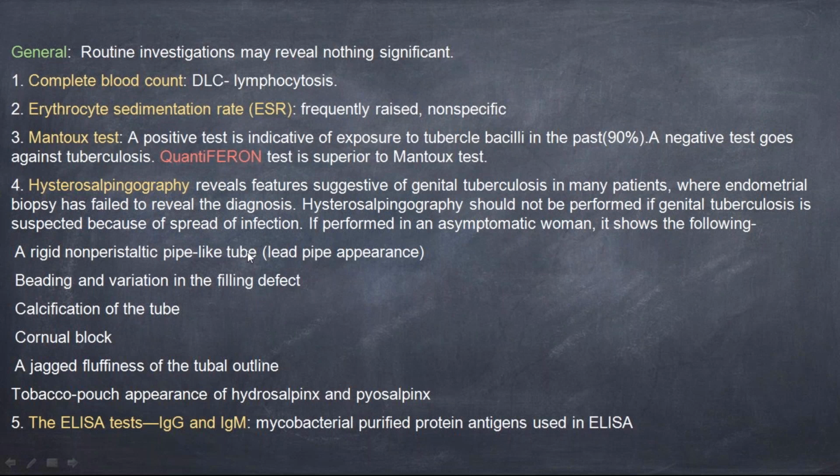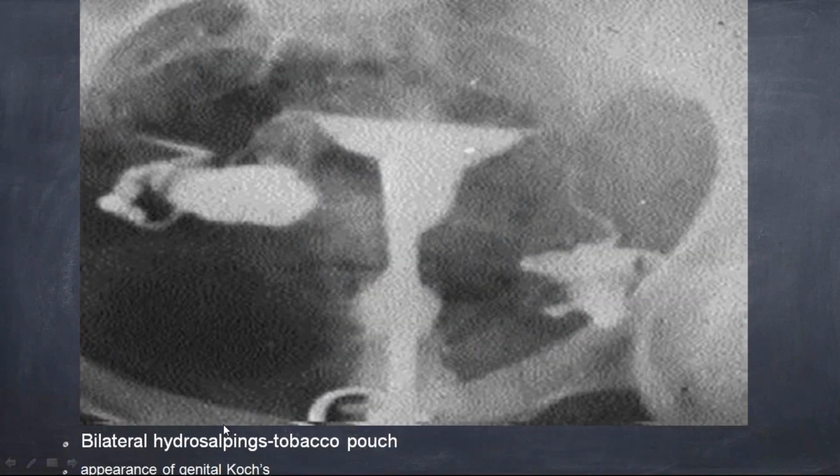There will be a rigid non-peristaltic pipe-like tube, beading and variation in the filling defect, calcification of the tube, cornual block, jagged fluffiness of the tubal outline, tobacco pouch appearance of hydrosalpinx and pyosalpinx. These are all the features which can be seen in the HSG. And the ELISA test to identify the antibodies, IgG and IgM, are identified in ELISA.